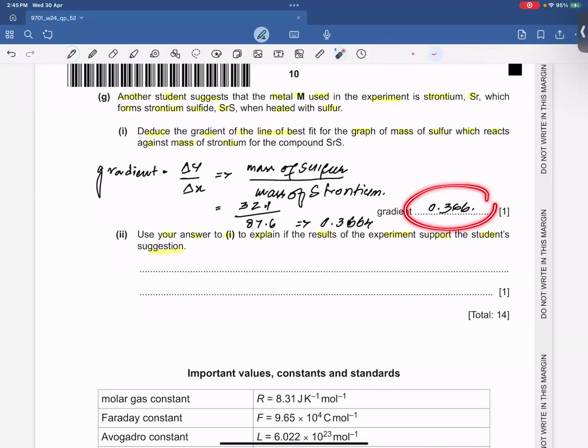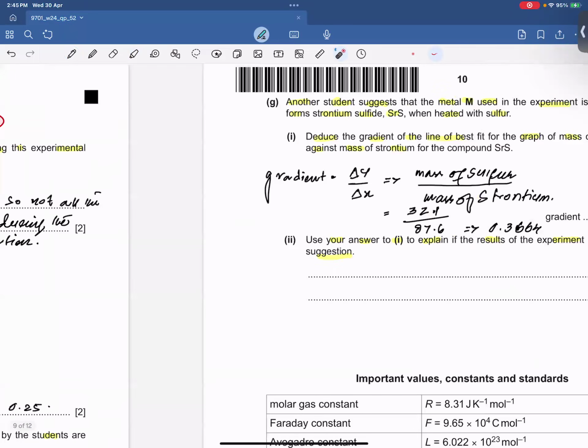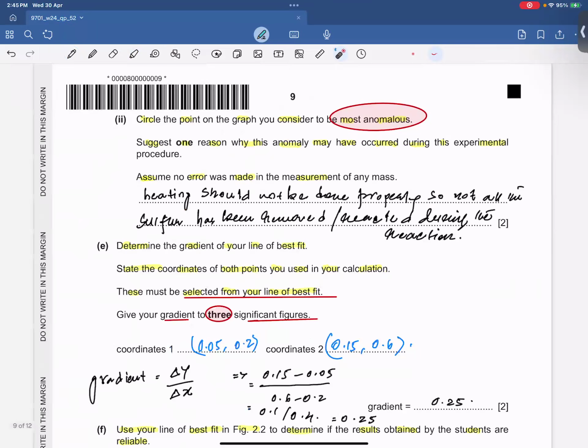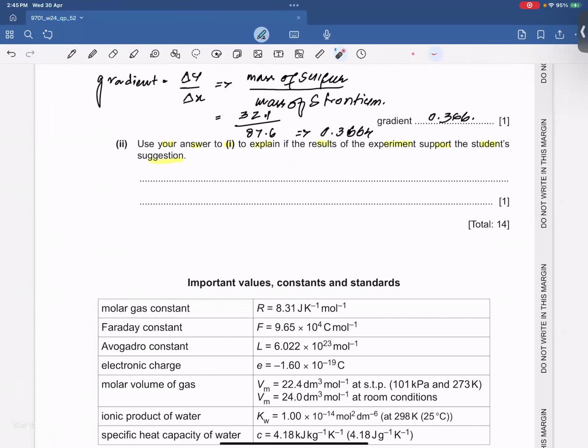Use your answer to 1 to explain if the results of the experiment support the student suggestion. Obviously, ये gradient आया 0.366 और ये जो gradient मेरे पास आया 0.25. Since both the gradients are different, which means it is not strontium, and it doesn't support the student suggestion. Okay.